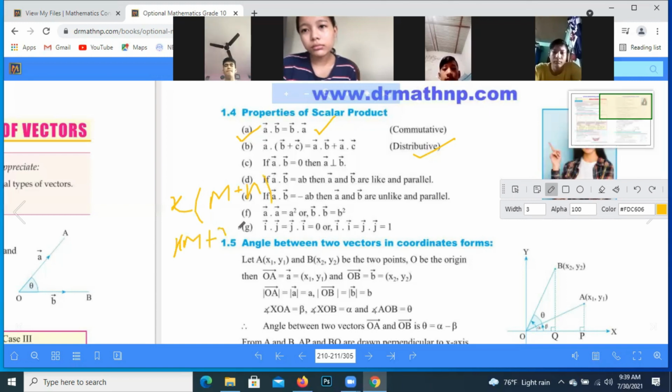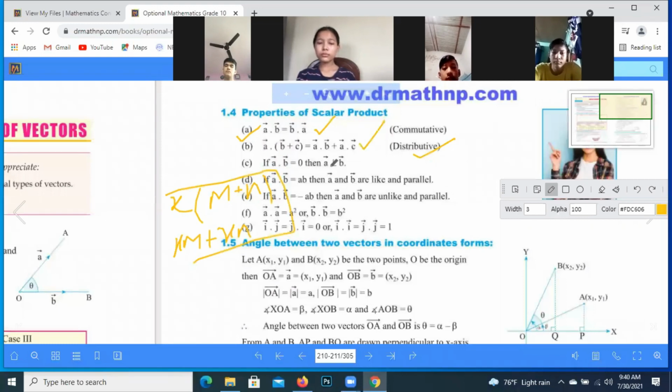Similar things can be done here in the scalar product. In a simple algebraic way you can multiply vectors with other terms in case of dot product. You cannot leave the dot: a vector is first dotted with b, then it is dotted with c.